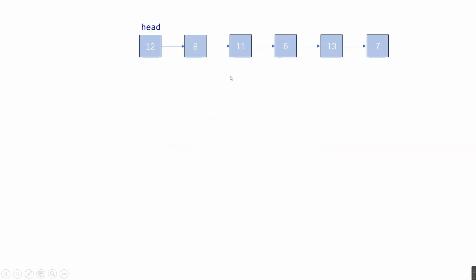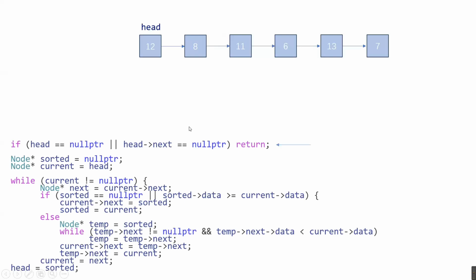So let's talk about how to use code to implement the function. First, we need to check if head is a null pointer or head next is equal to a null pointer. That means the list is empty or has only one element. In this case, the sequence must be ordered, right?